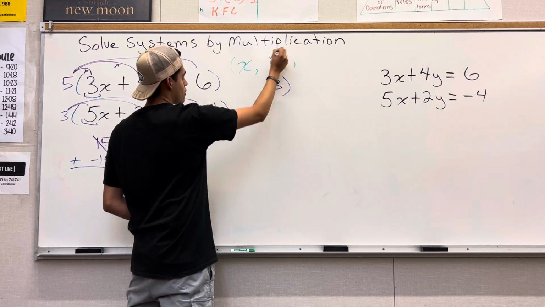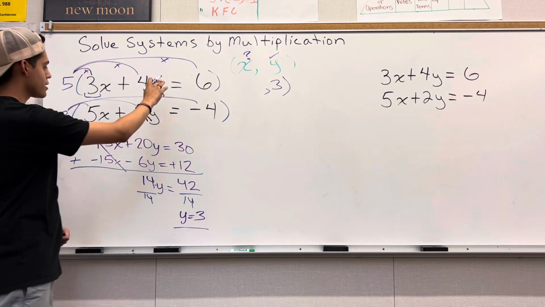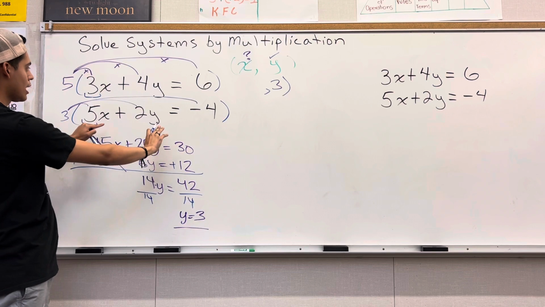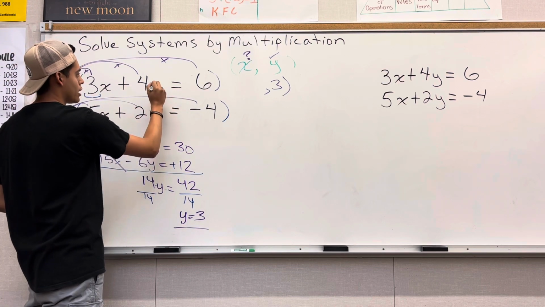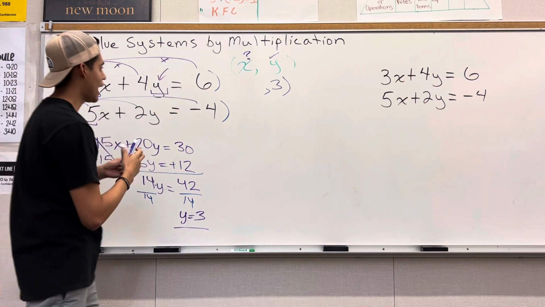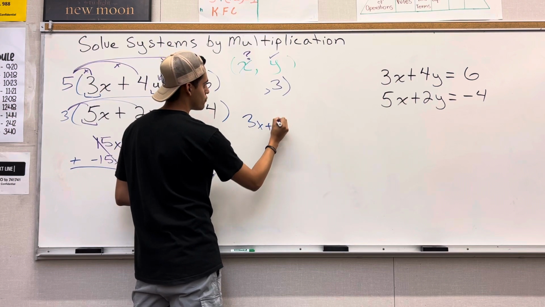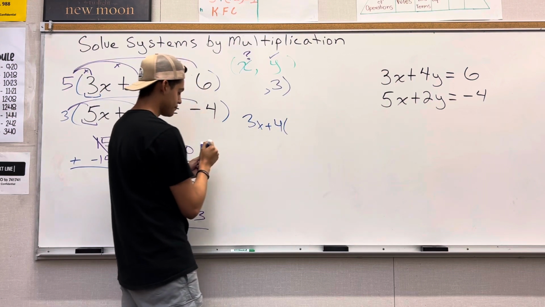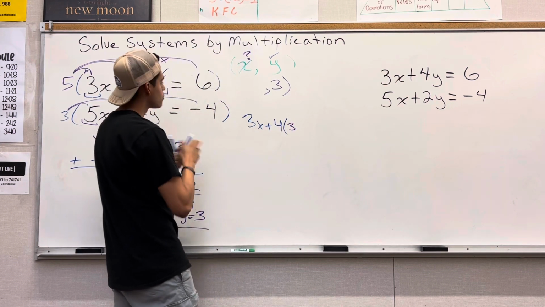We're still trying to find our x. In order to do that, we know our y, so we can plug it into any of the equations we have right here. I will plug it into the first one, just because I like doing it on the first one. We plug the 3 in for this y, and solve for x. 3x plus 4 times 3 equals 6.